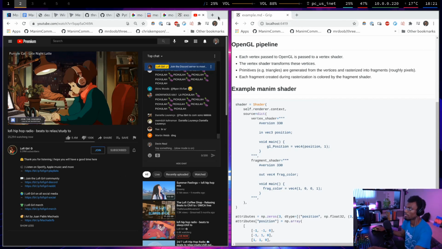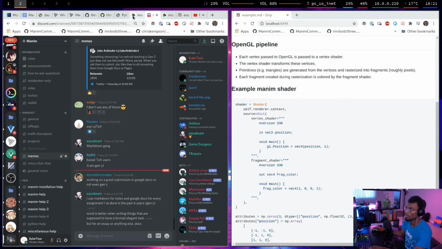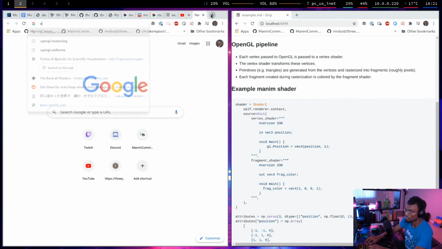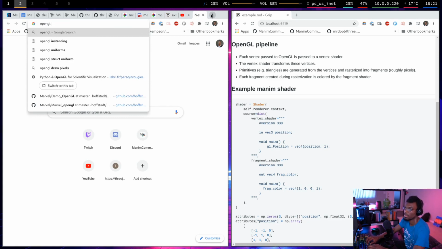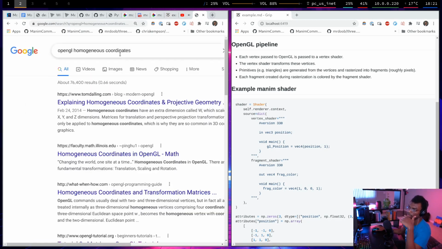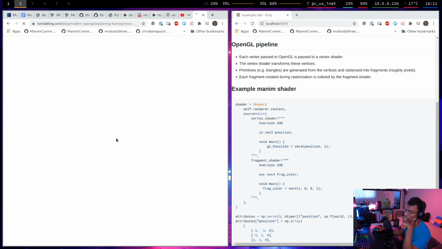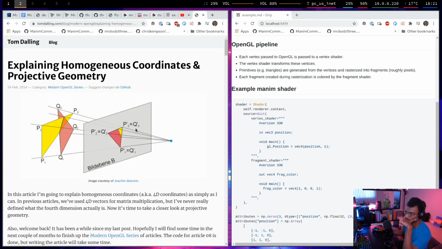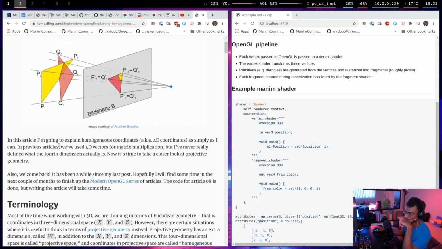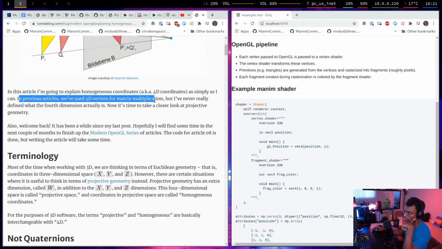We've used 4D vectors, matrix multiplication here to find where the 4th dimension is.